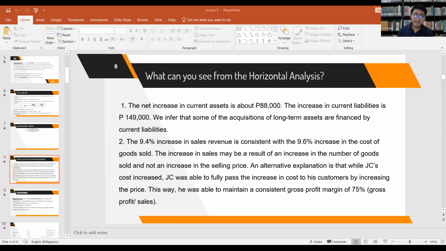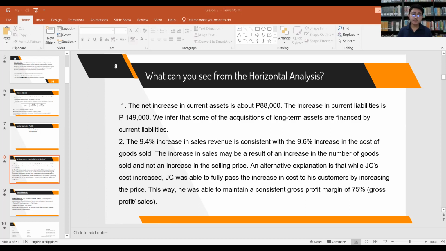Okay, so we have the cash and cash equivalents. So in year 2019, we only have 470.31, and in year 2020, we have 519.86.